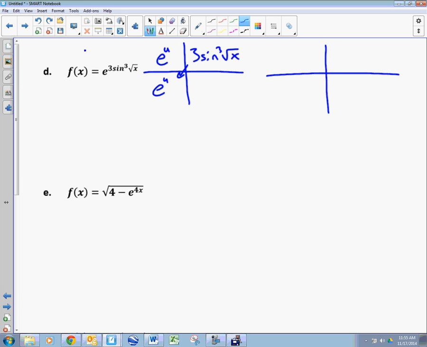This is where we separate the mice from the men. What do we put on the outside? Very good. 3u to the third. What are you taking to the third power? Sine of the root of x.